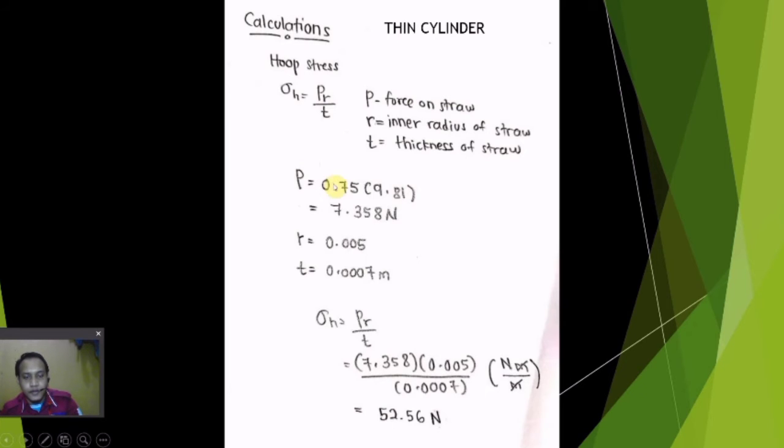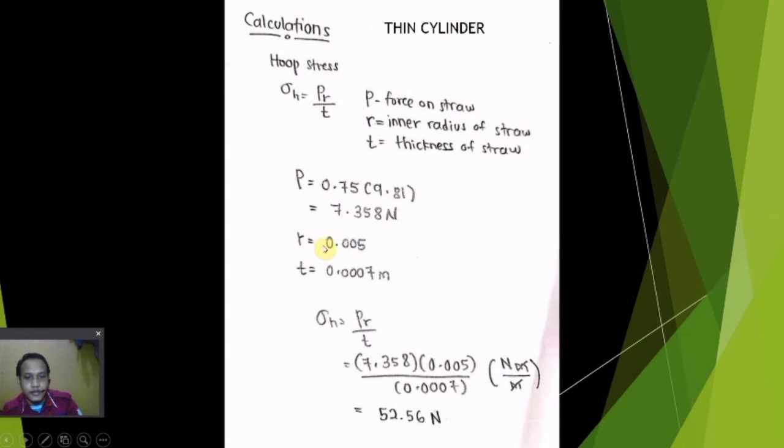So after we divide by 8, we get the weight of 0.75 per column. So we multiply by 9.81, the gravitational acceleration, we get 7.358 Newton.